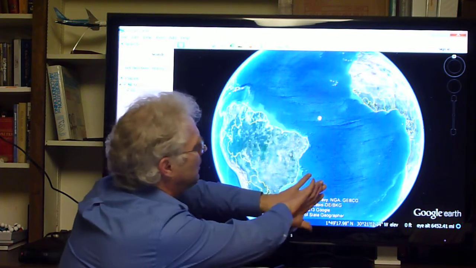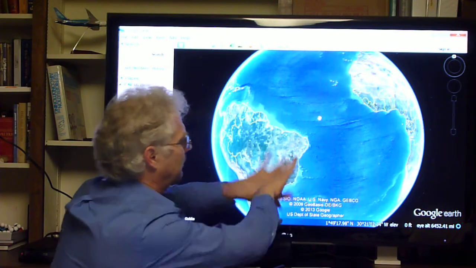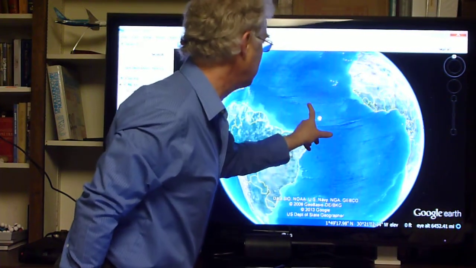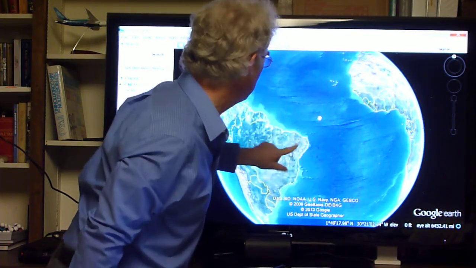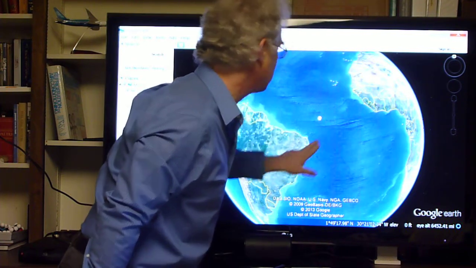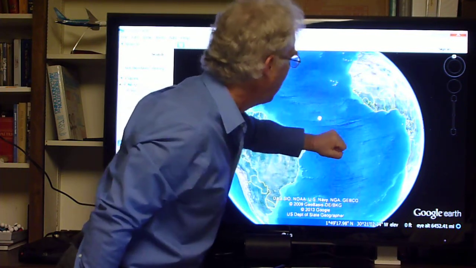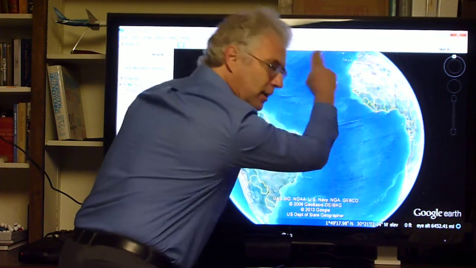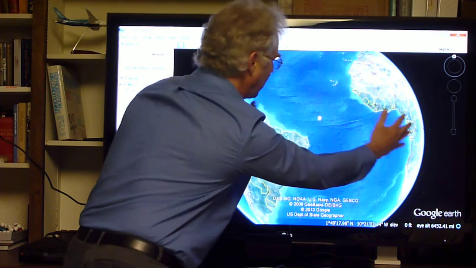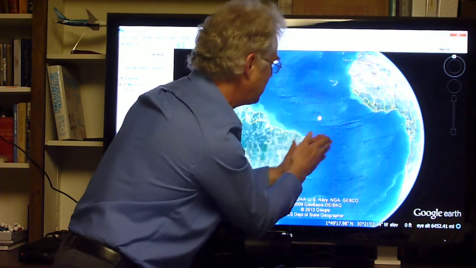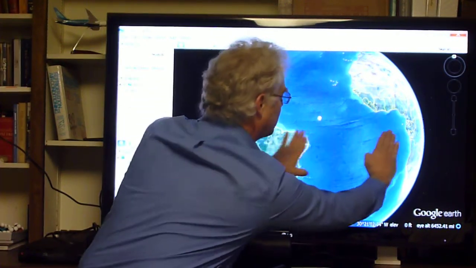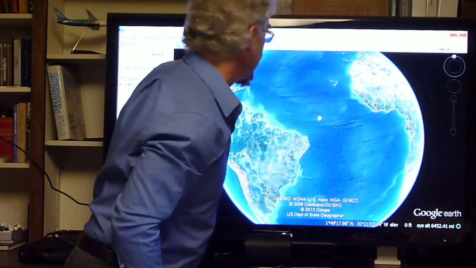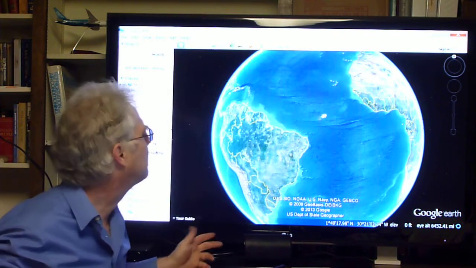And as it spreads like a conveyor belt, you'll notice it's basically equal distance between the middle point of the spread and the sides. So as this spreads equally, you're going to have an equal distance, hence the same pattern on both sides. They don't fit together, they never did. What they do is they spread out and they move across at an equal rate. Hence you have the same shape.